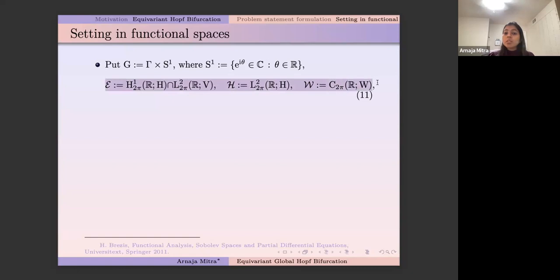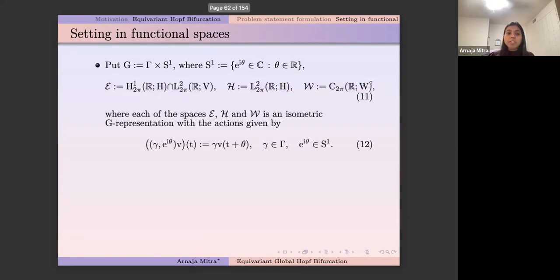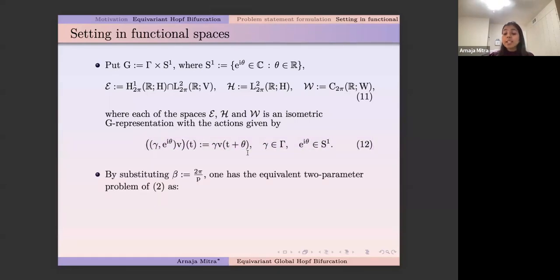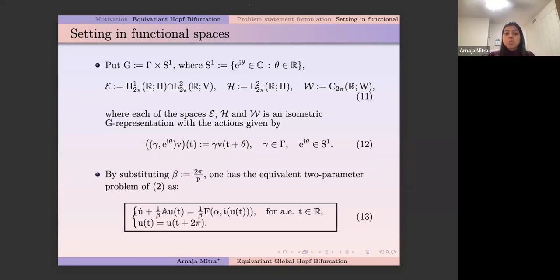So we consider the corresponding functional spaces where our action is given by equation 12. Now we rescale our system, our problem 2, by introducing a new parameter beta equals 2 pi over p. So now we have our remodified system with two parameters, alpha and beta.